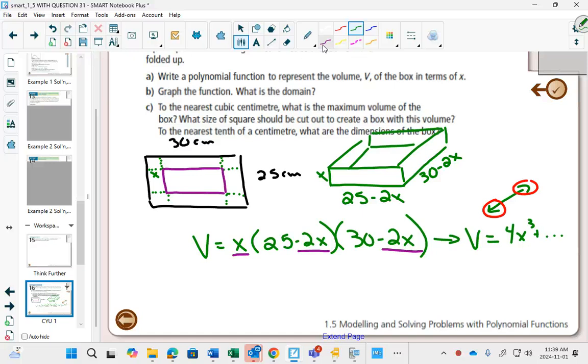So if I just look at the x's, I got the formula from length times width times height. That's how we figure out volume. And we cut x out of the corner, so that becomes my height. Then each of these purple sides, now 2 x's are taken away.